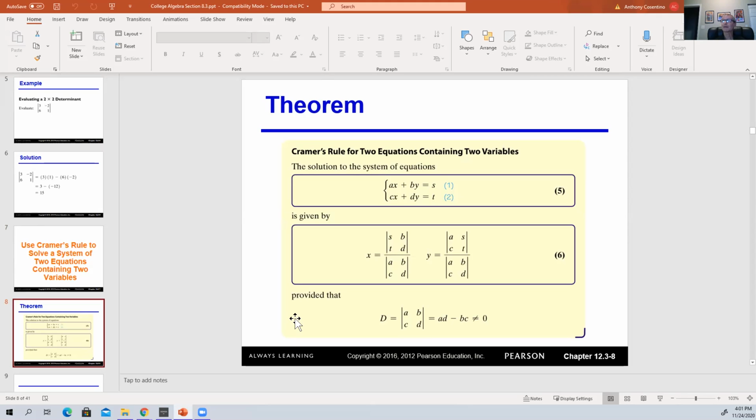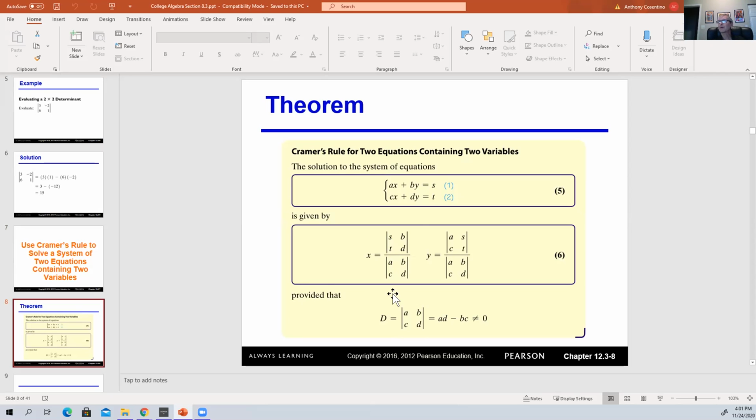The idea is that you set the equation up in a matrix format where the coefficient matrix is the coefficients on the variables. What I like to call the answer matrix is what's on the right side of the equal sign. That's the S and T in this case.